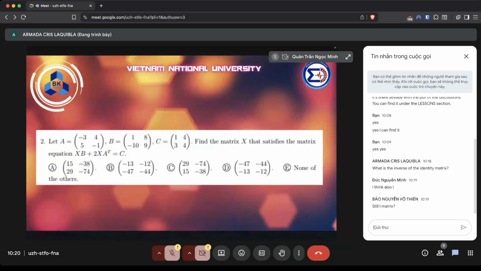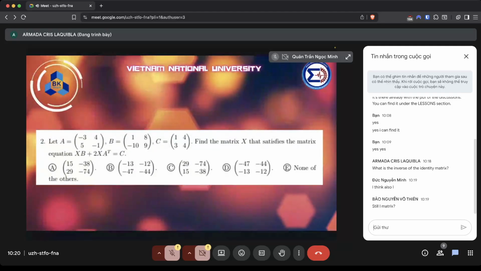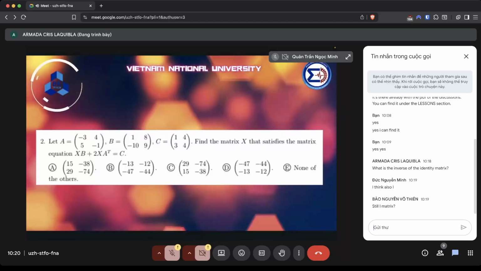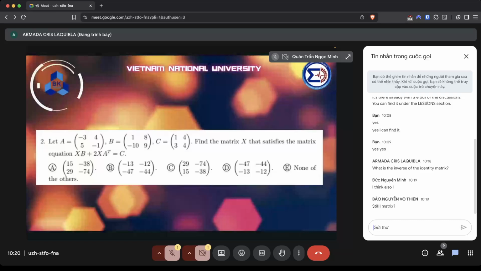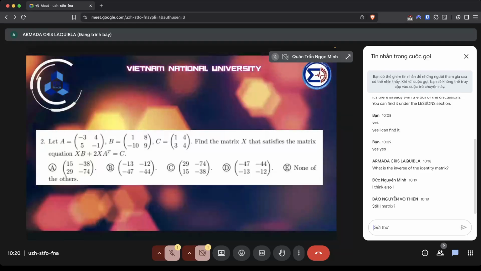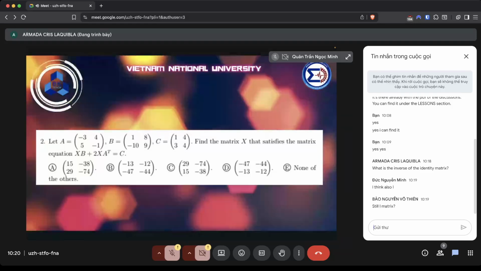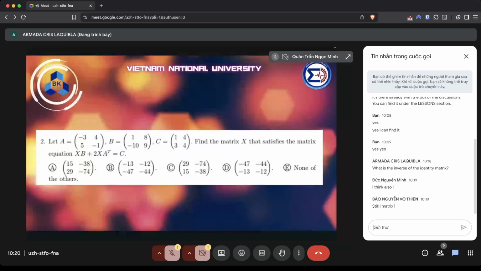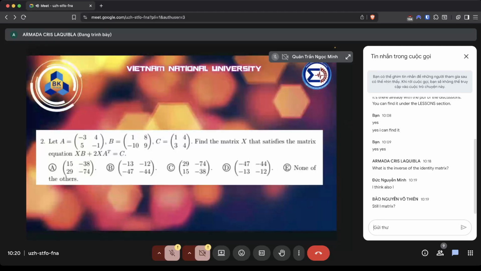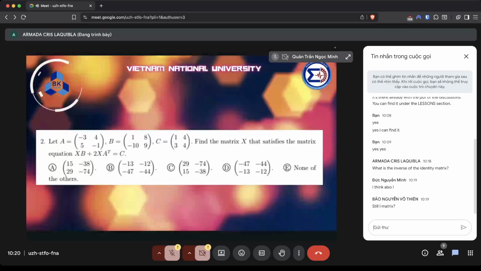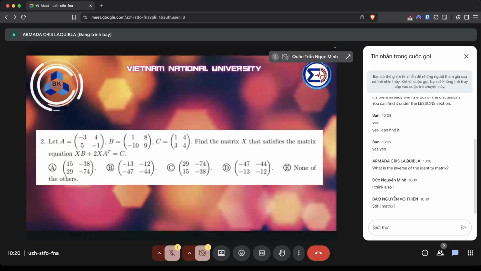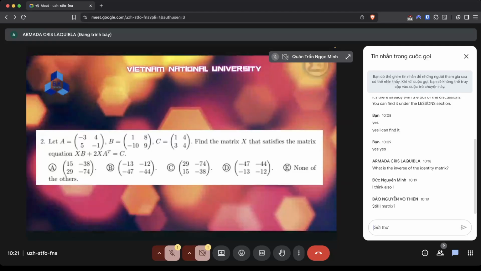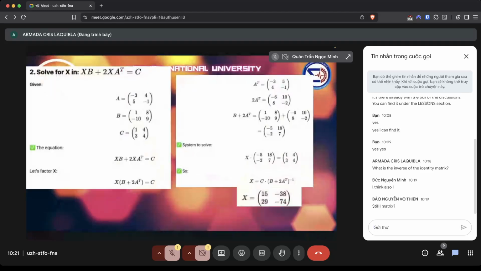Now we have number two. Let A, B, and C be equal to that. Find a matrix X that satisfies the matrix equation XB plus 2XA transpose is equal to C. So this one, class, even if I will not discuss this, you should get that. It's just multiplication and addition and then transferring it to the other side, using the inverse.